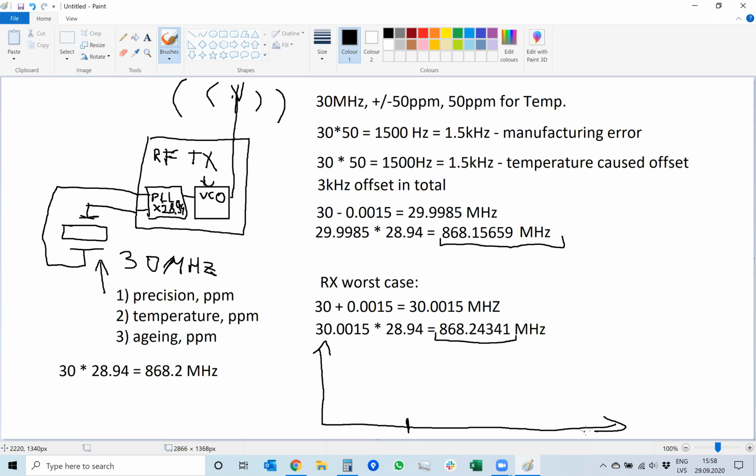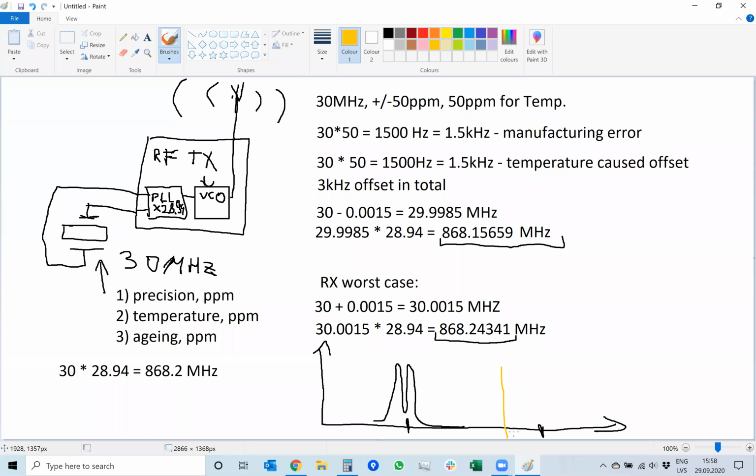transmitter is sending at 868.15659, but the receiver is listening at 868.24341, right? Well, I'll draw it in a different way.